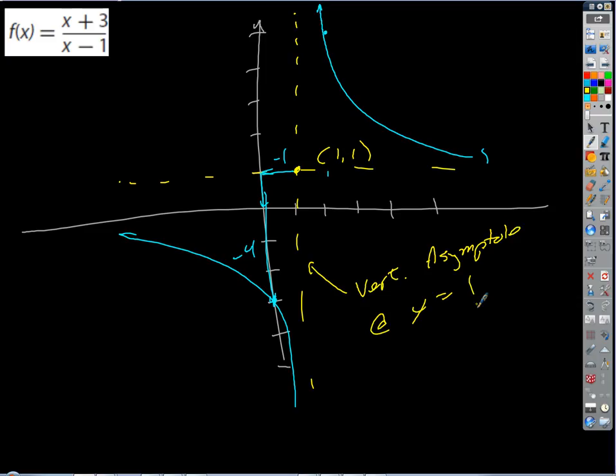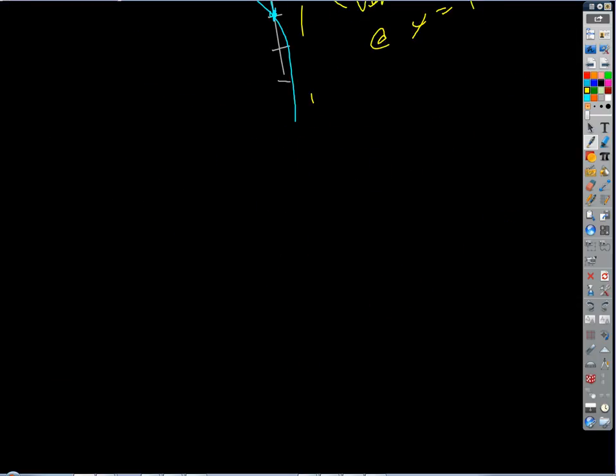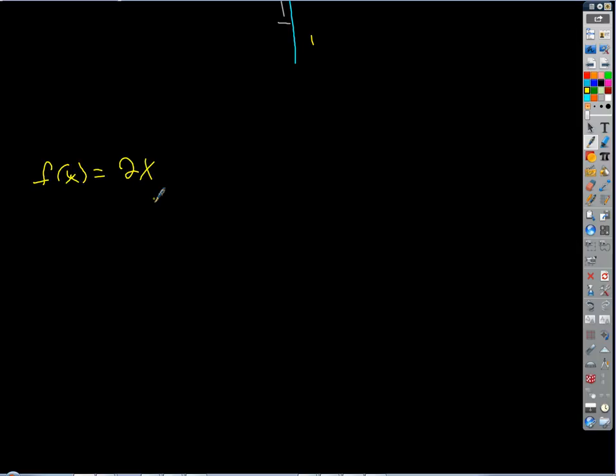Okay, let's think back to some discussions we had earlier about domains of a function. So the domain is just all the values of x, right, for a function. What if we took an easier function? What if we took something like a really easy one? Like let's take f of x equals the line 2x. What's the domain for that function?